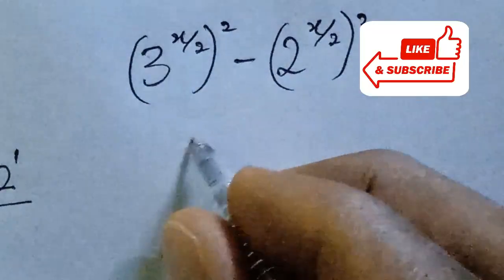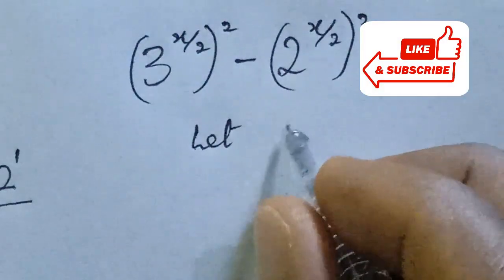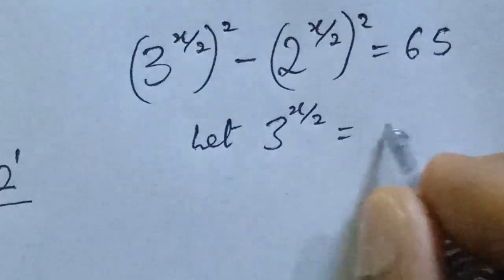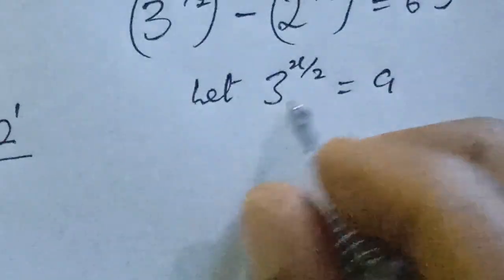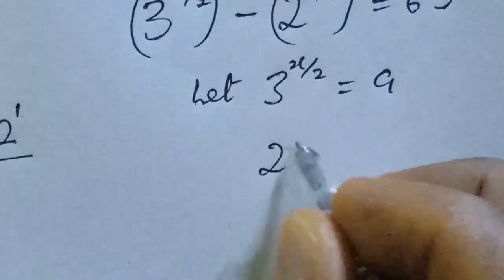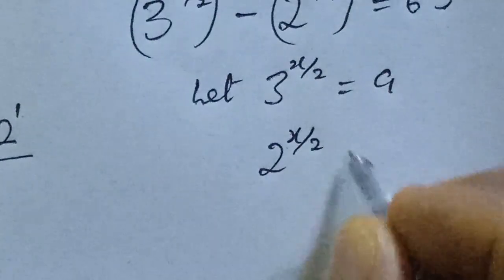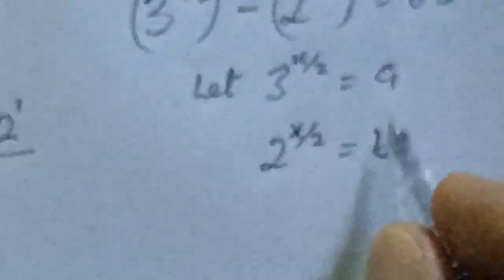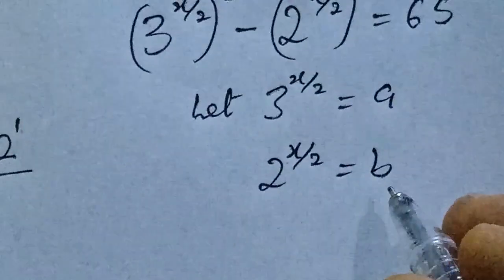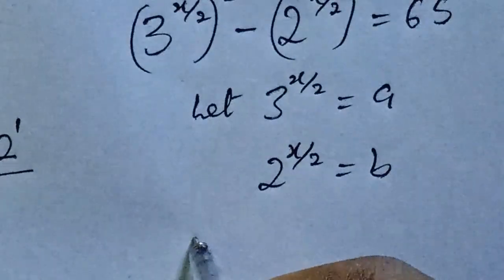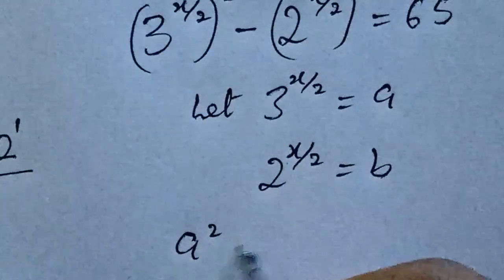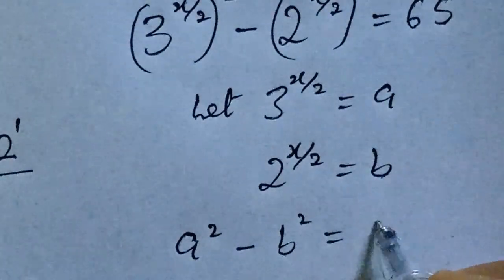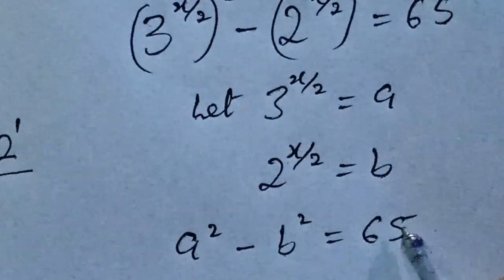From here, we let 3 raised to power x over 2 equal to a. Likewise, 2 raised to power x over 2 equal to b. So we now substitute that for what we have. So we have a raised to power 2 minus b raised to power 2 equal to 65.